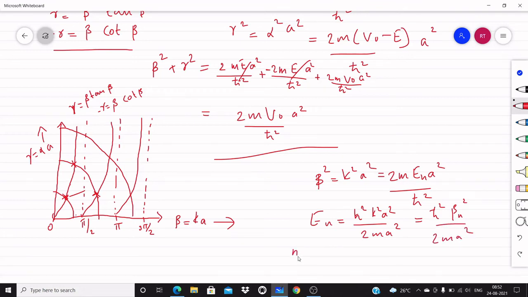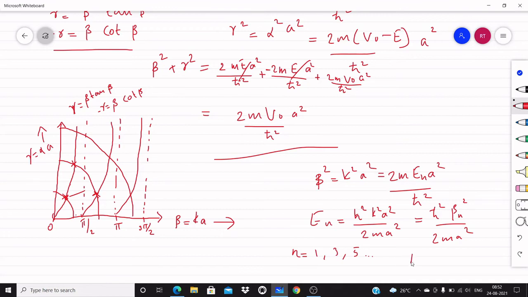For n is equal to 1, 3, 5, etc., you have energy values E1, E3, E5.